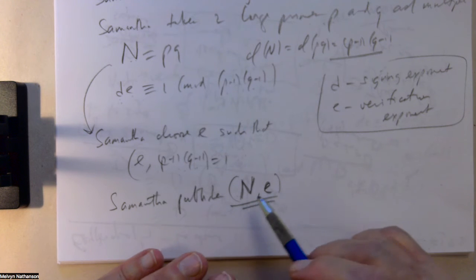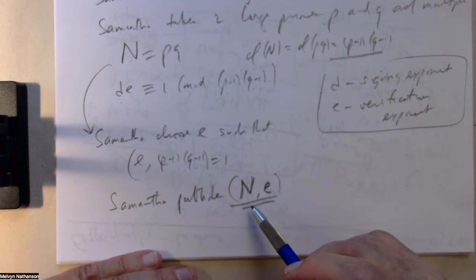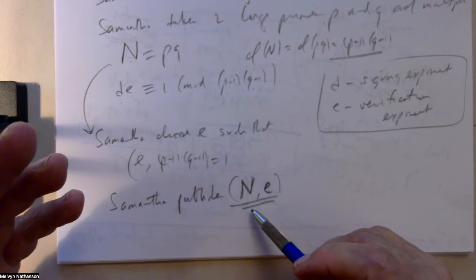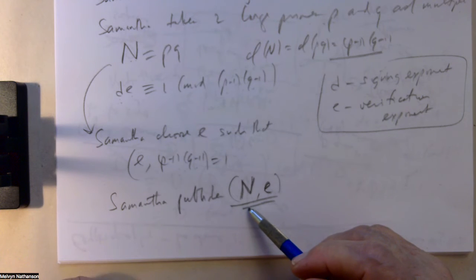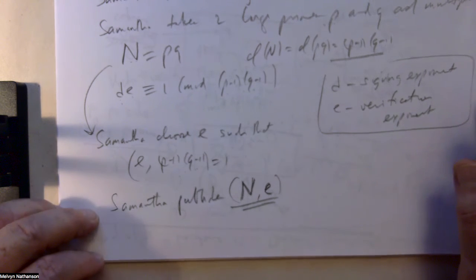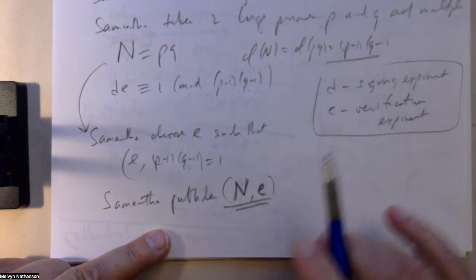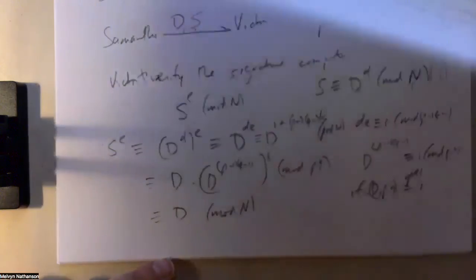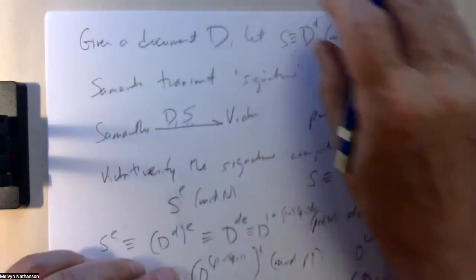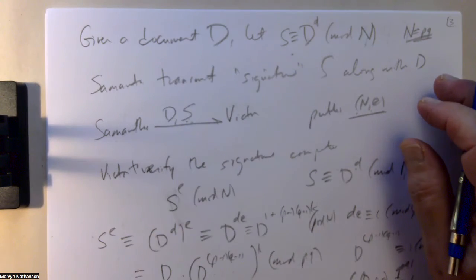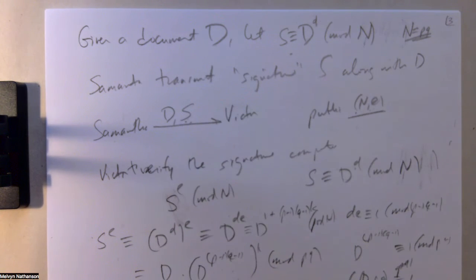So N, everyone knows N is a product of two primes, but they don't know what two primes they are because they can't factor it. Factoring is impossibly difficult. So Samantha publishes N and E. Now it's time for her to send a document to Victor, and she needs to sign it, so he knows it's really from her.